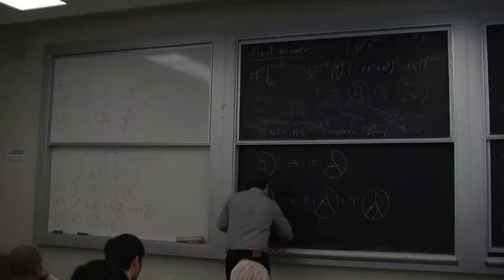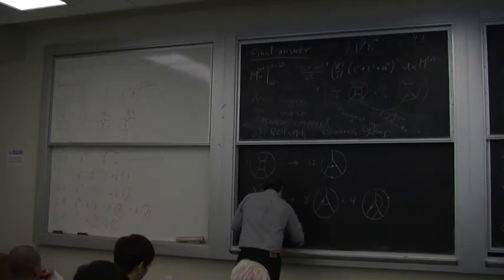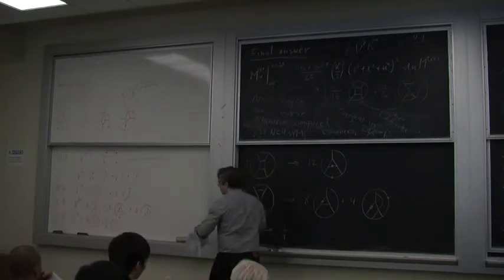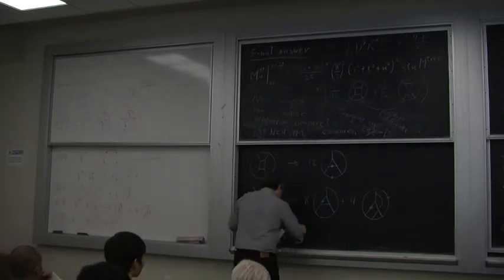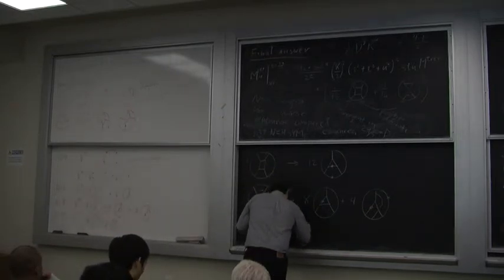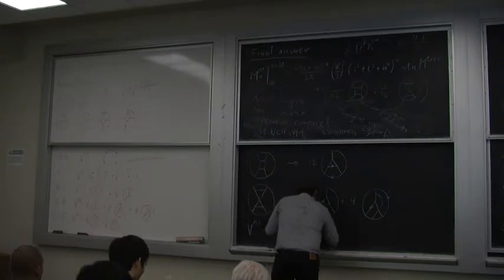5-loop, and if you then include these combinatoric factors, then out pops exactly the result, the 4-loop result, plus 1/2.